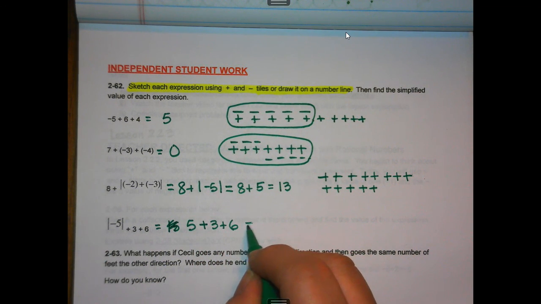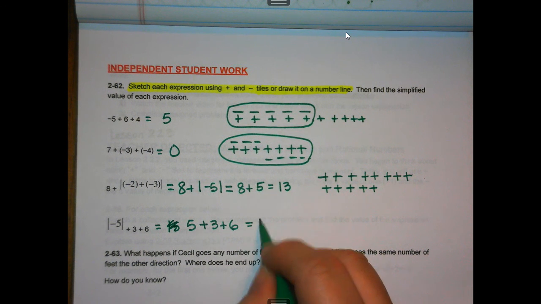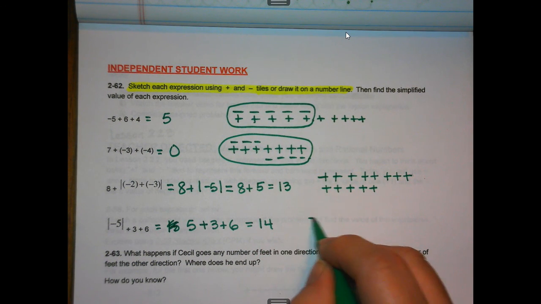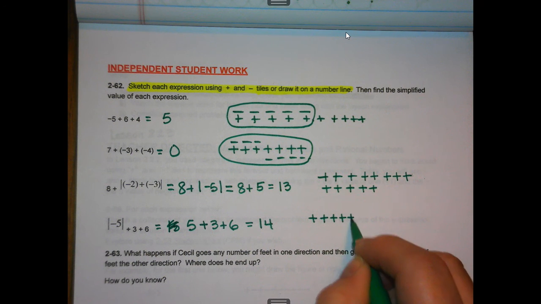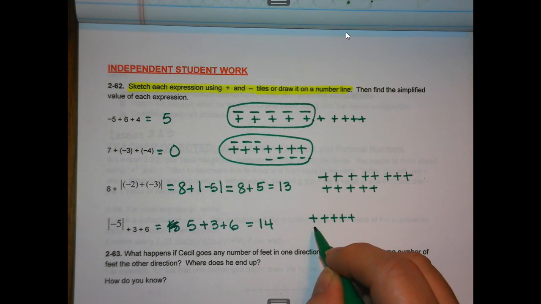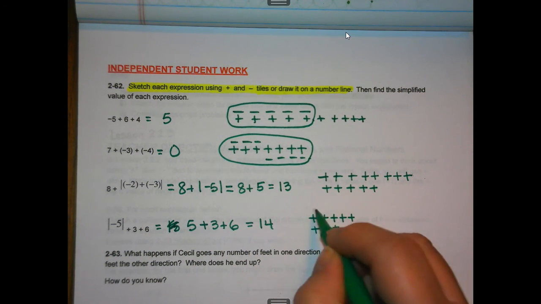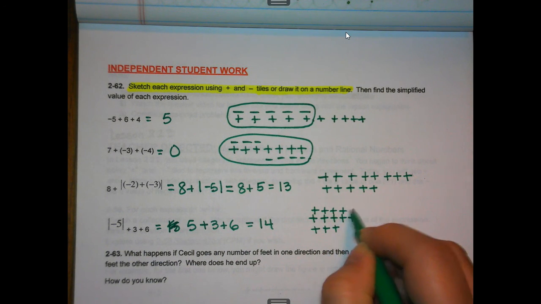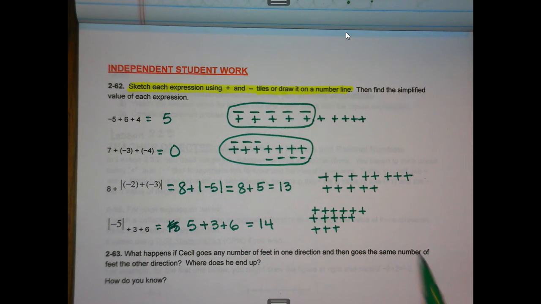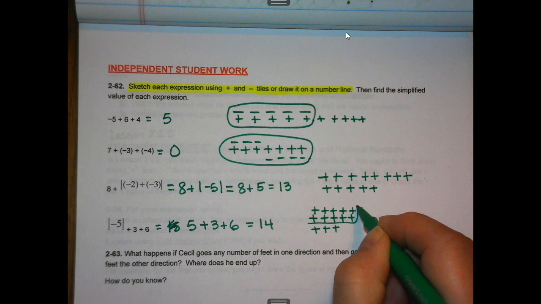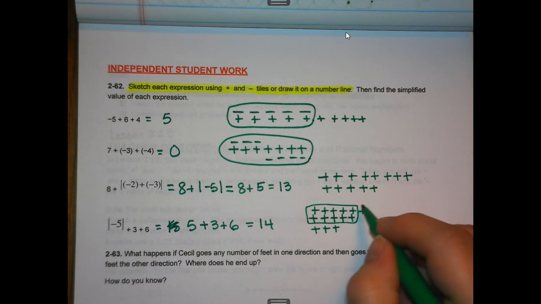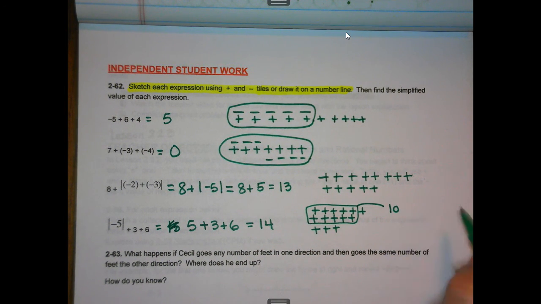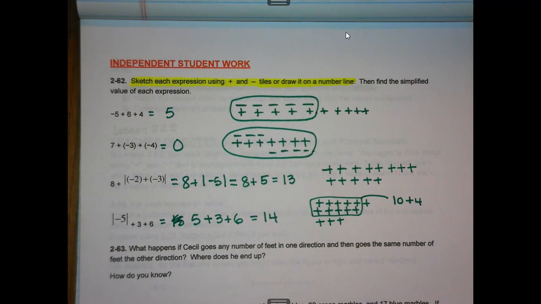So this one, we can go ahead and simply add it, which is going to give me 14, but to prove it, and I have 14. When I'm drawing these, I like to do things like this because that makes it easier. I know that there's 10 plus 4 with the other ones that are kind of hanging out.